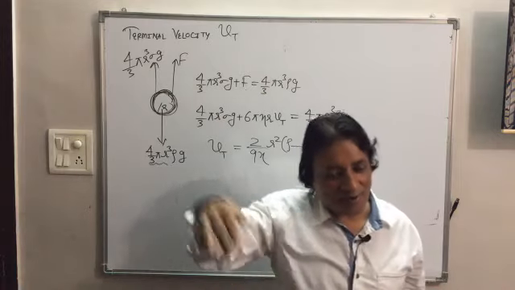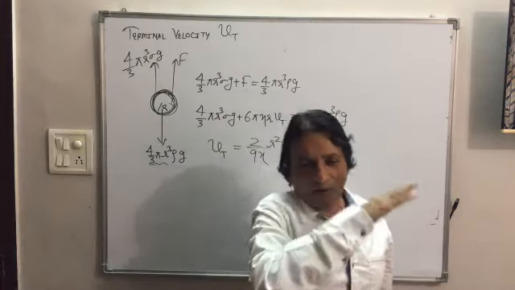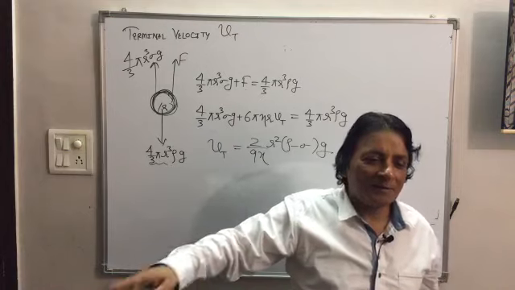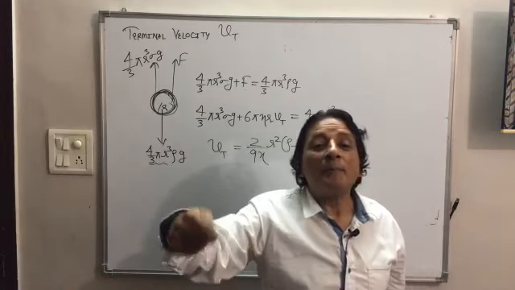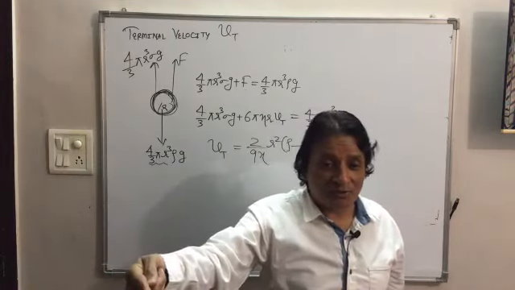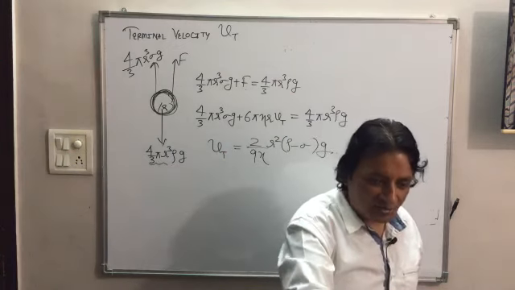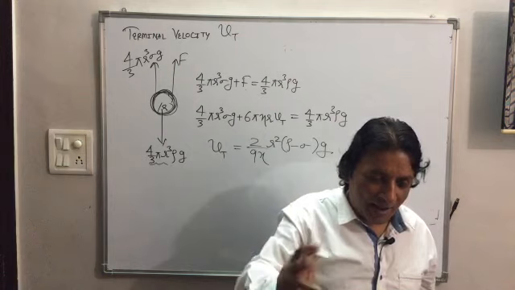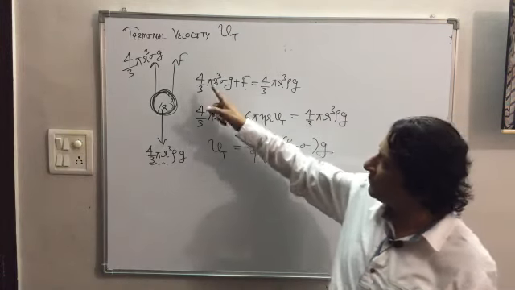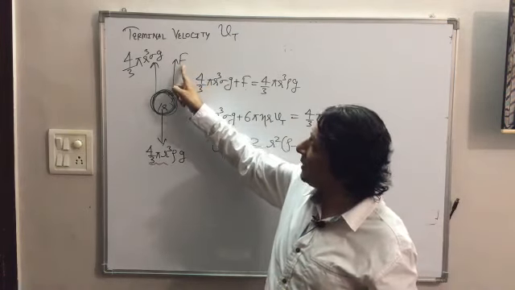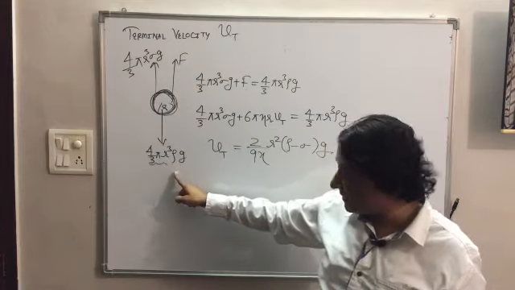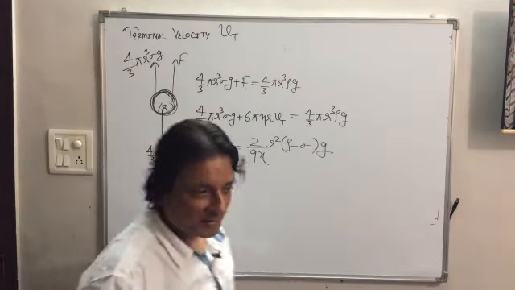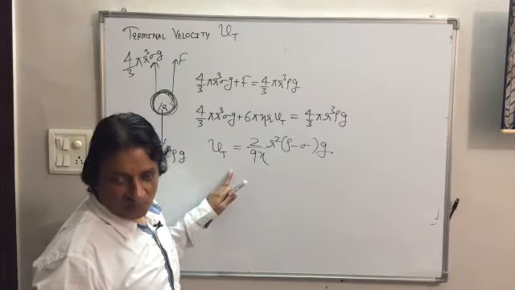If the body is at rest, it will remain at rest. If the body is in motion, it will remain in motion. In the absence of external force, the body remains in its natural state, which was its motion. Absence of external force means upthrust plus viscous drag is equal to weight. So this is the expression for terminal velocity.